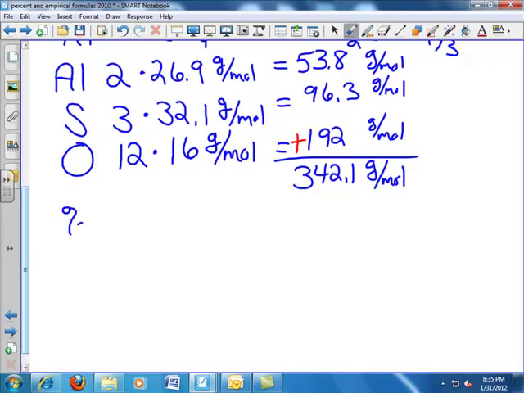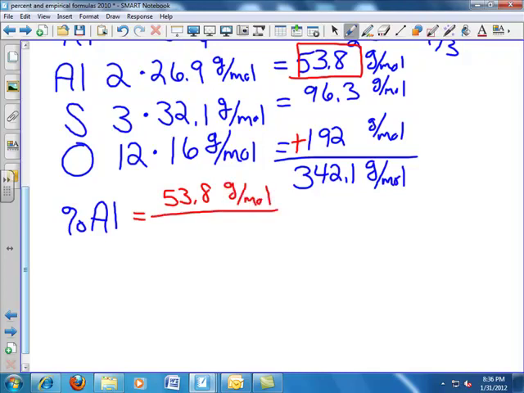Let's find the percent of aluminum. Okay? Well, the mass of aluminum is 53.8 grams. Okay, so I'm going to take 53.8 grams per mole, and I'm going to divide that by my total mass, which is 342.1 grams per mole.